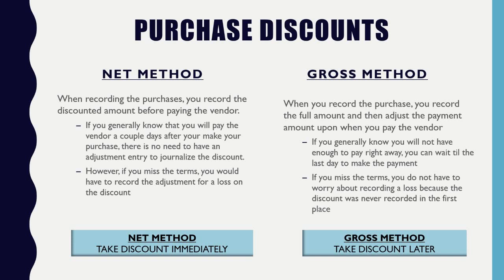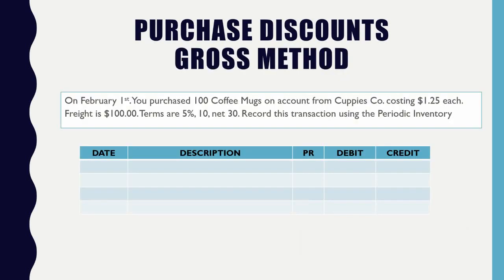All right, so let's go ahead and take a look at an example. So we're going to take a look at gross method first so we can see what it's like to take a look at a small business that isn't able to pay right away.